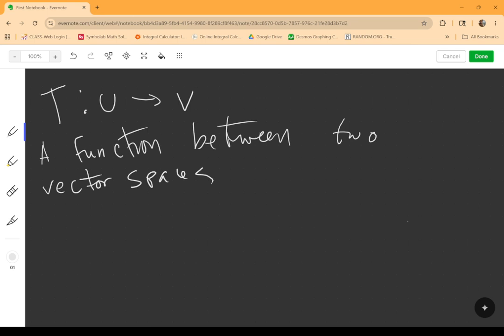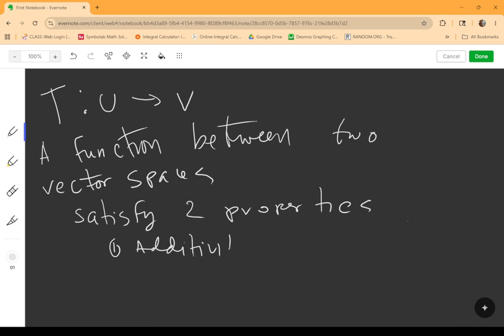The first one is additivity: T of u plus v is equal to T of u plus T of v.